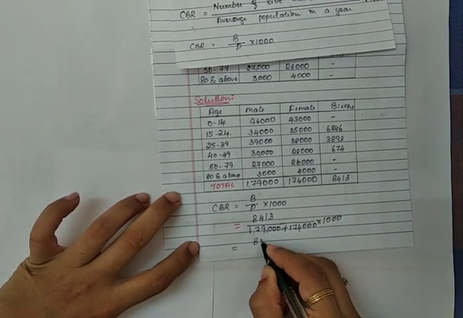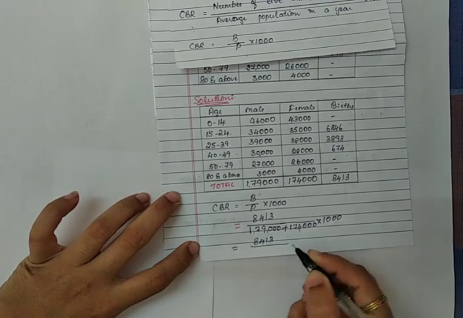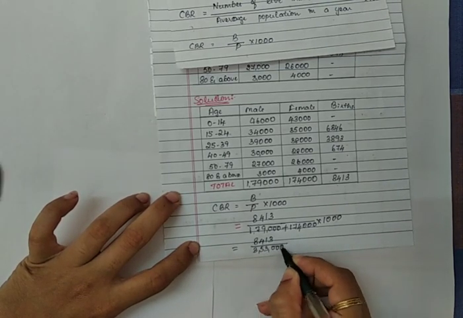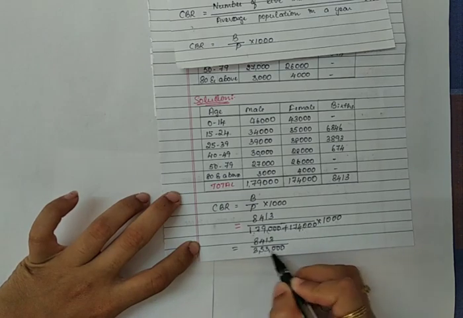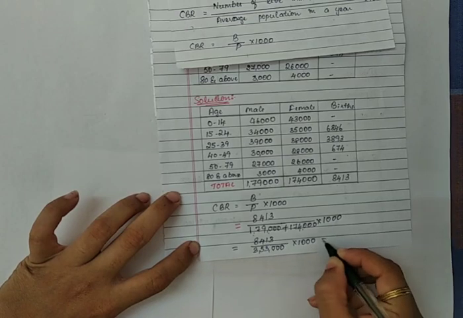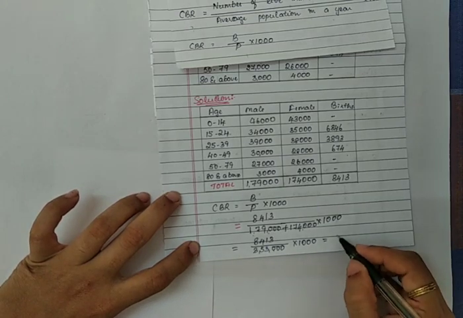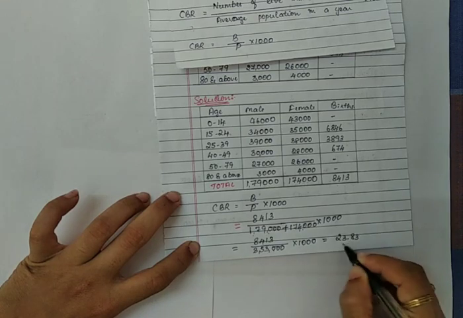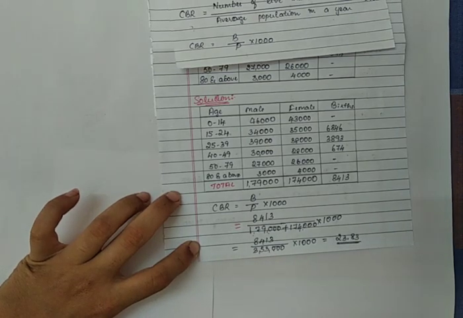So 8,413 divided by 3,53,000, that is 179 plus 174, it is 353, into 1000, and the final figure will be 23.83. So this is our CBR.